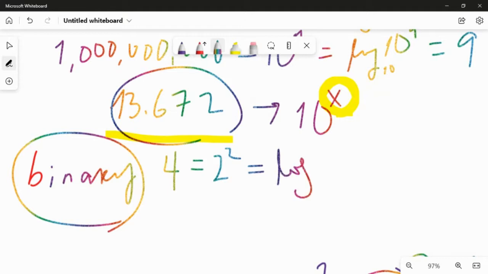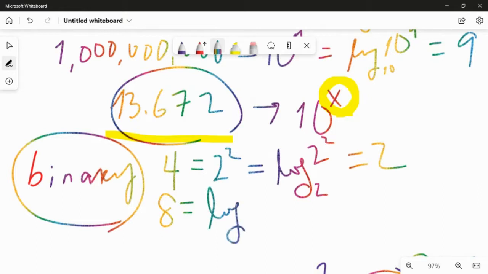So if we use log of 2 squared to base 2, this will be 2, right? 8, that's log of 8 to base 2, which will be 3, right?